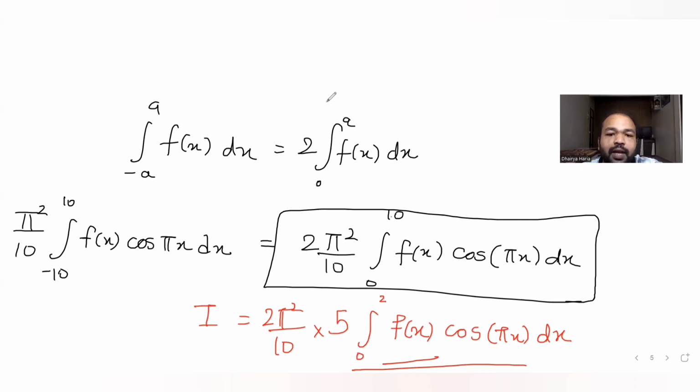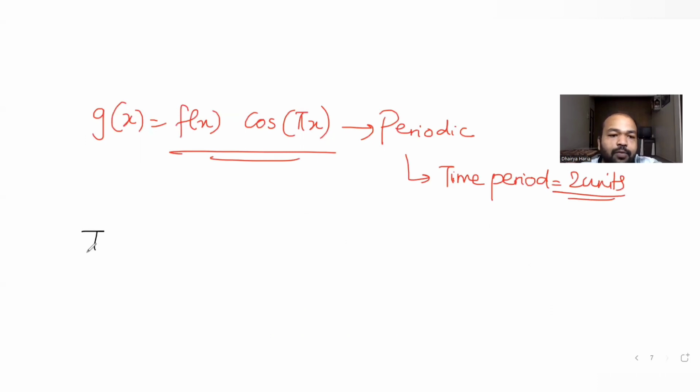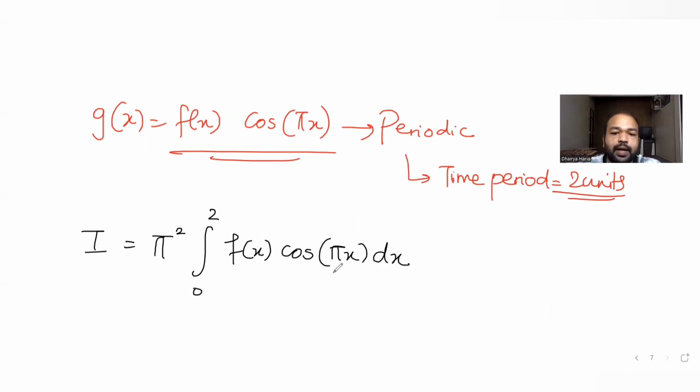Here I can cancel out 2 and 5 with this 10. So you are left with a new integral, pi square times the integral from 0 to 2 of f of x cos pi x dx.